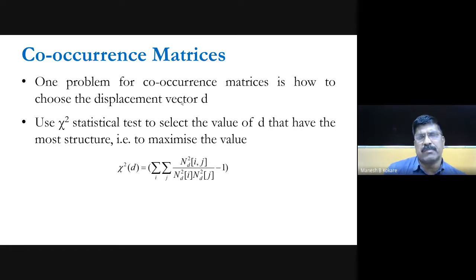There is nowhere a clear-cut idea mentioned, so it depends upon the user. Then a statistical test to select the value of D that has the most structure, that is, to maximize the value. So you can find the statistical test on the co-occurrence matrix by using this relation and so on.